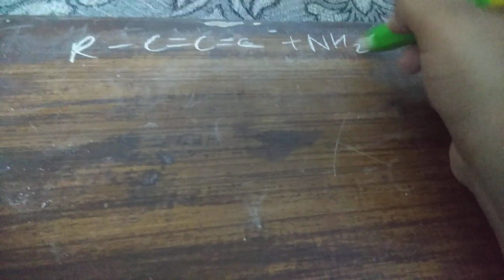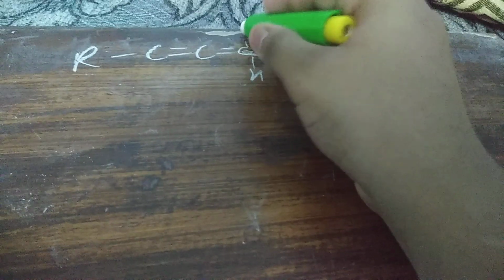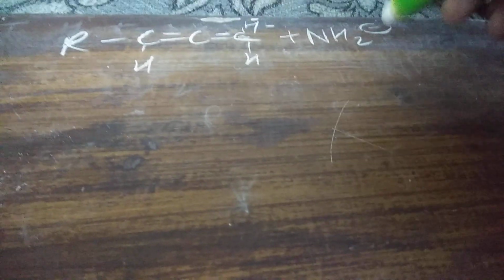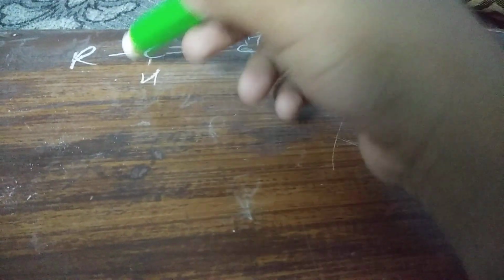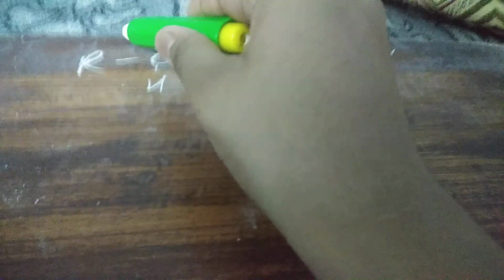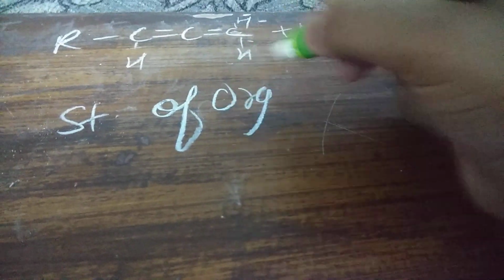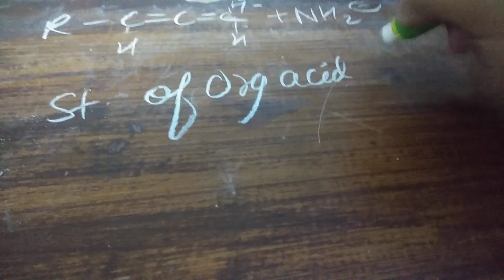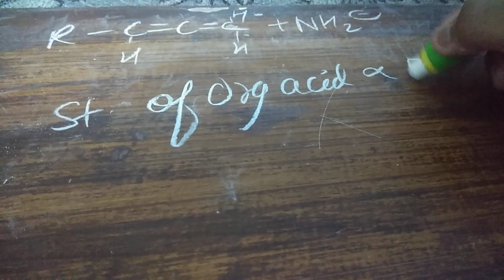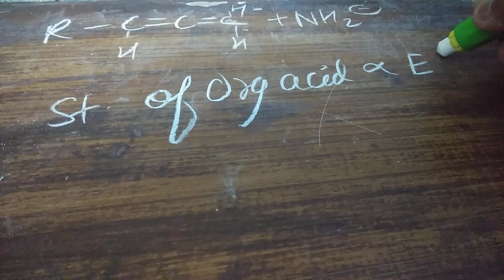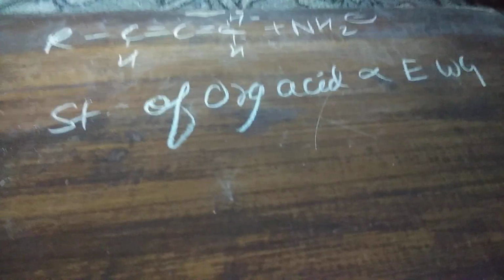Now this diene plus NH2 minus: we have two hydrogens here and one hydrogen here. Now it has the option of which hydrogen should be taken. We know that the strength of an organic acid is inversely related to electron releasing groups. Ignore what I said before.